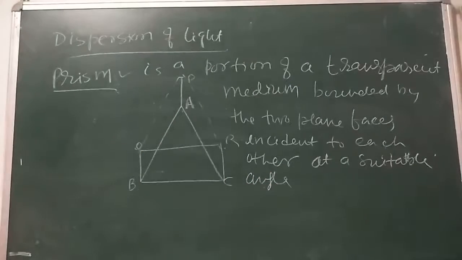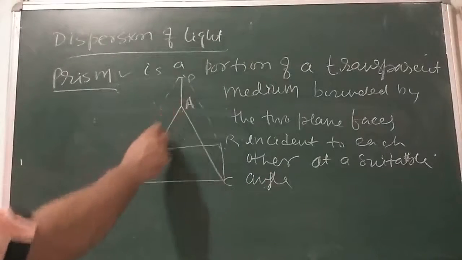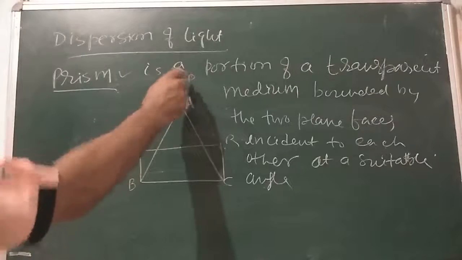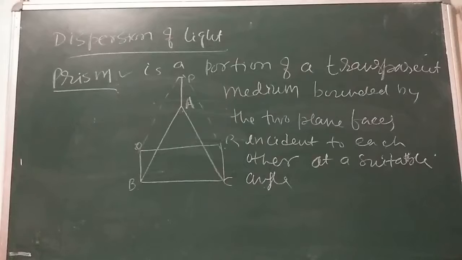Here, dear children, you can see ABQP and ACRP are the two refracting faces. Draw this figure. Angle A is the refracting angle or angle of prism.